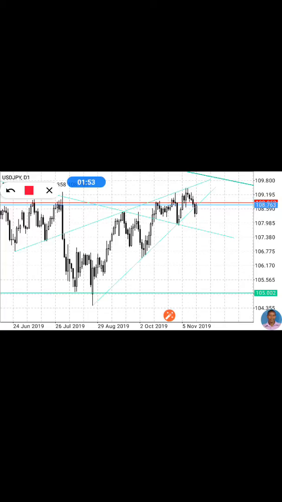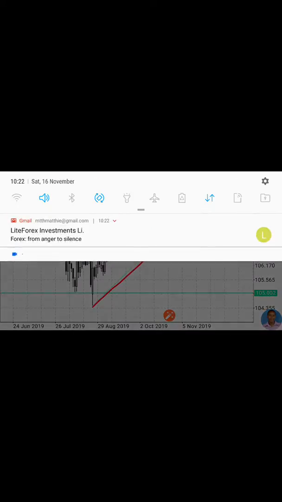In general, this trend is going upwards and it's in a wedge. As you can see, the wedge is going narrow, and they are going to meet somewhere around this area.